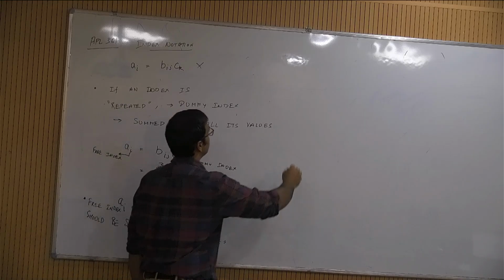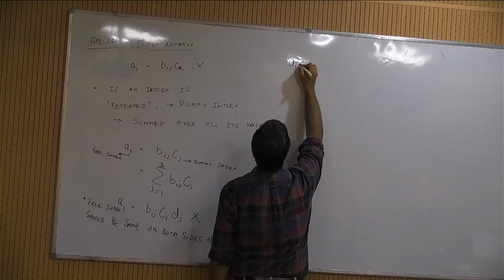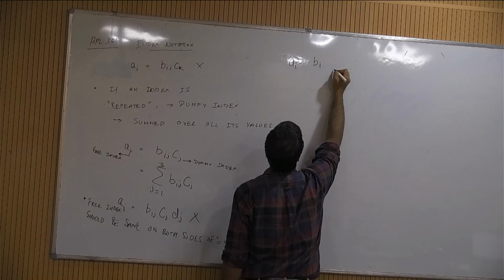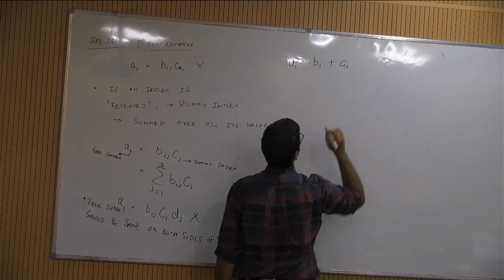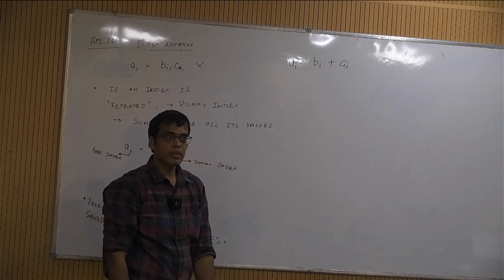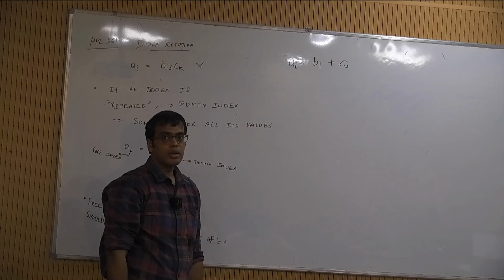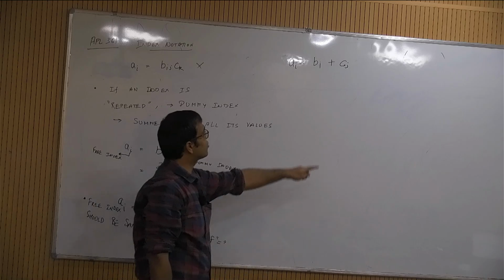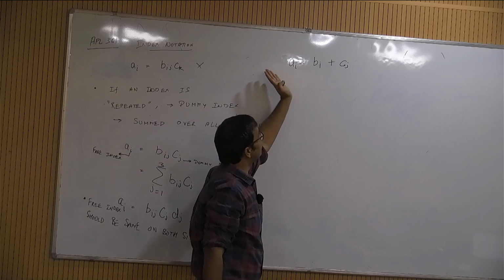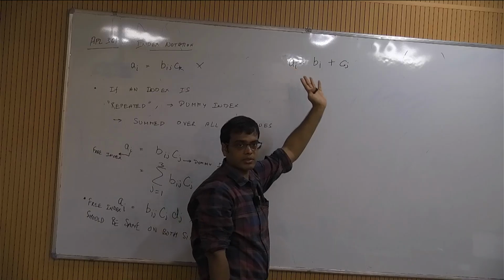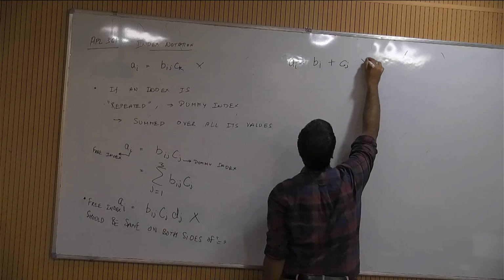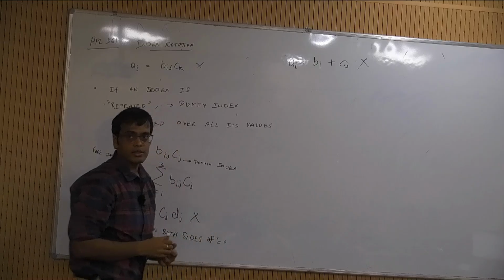Meaning that this expression makes no sense. J is a free index for C, but there is no J appearing on the LHS. So, this expression makes absolutely no sense.